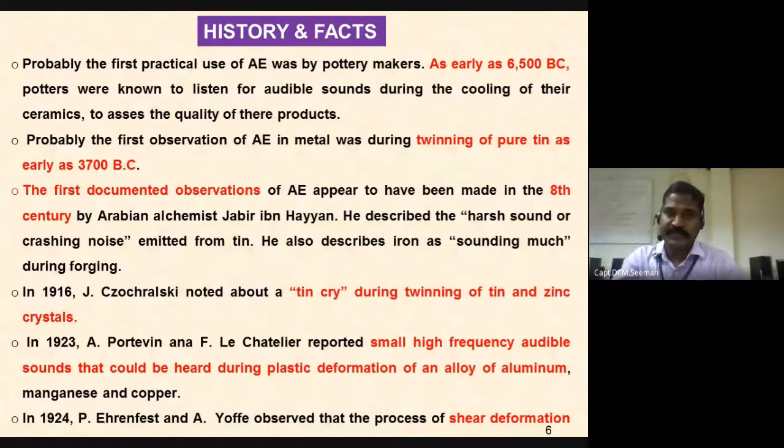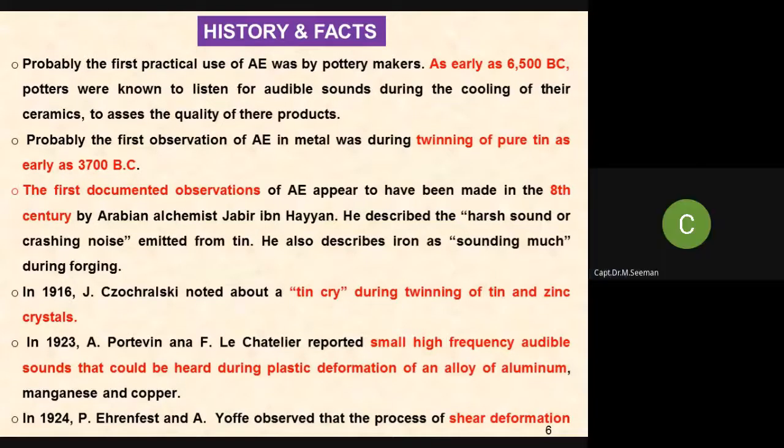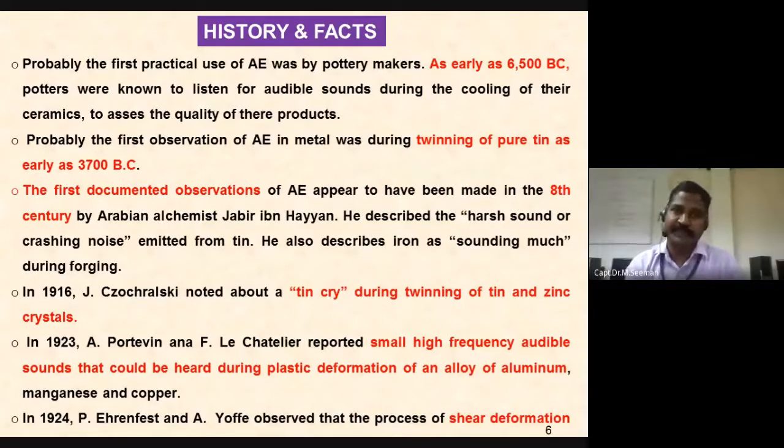Even our grandfathers and mothers, when buying a mud or clay part, check the quality by knocking the part and listening to the sound. The quality of the mud part was decided by our forefathers this way. So the AE history starts with 6500 BC.